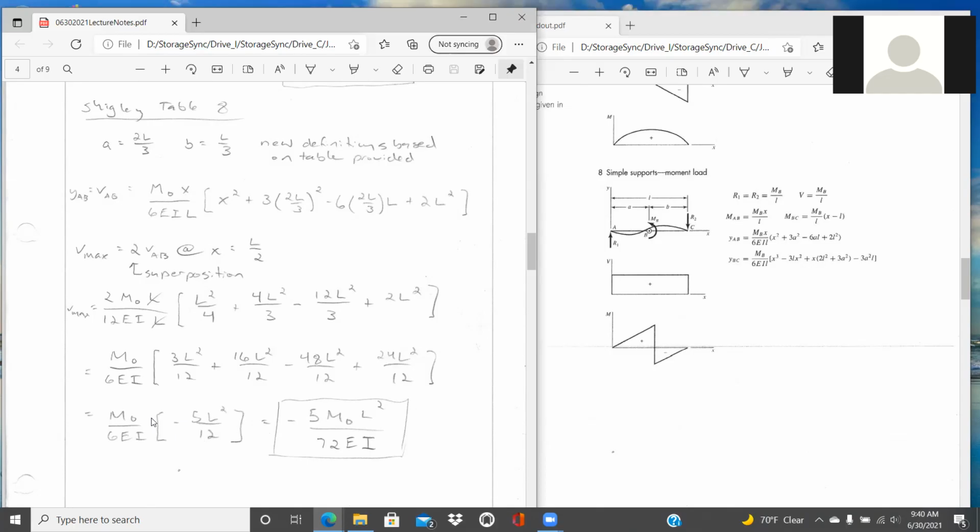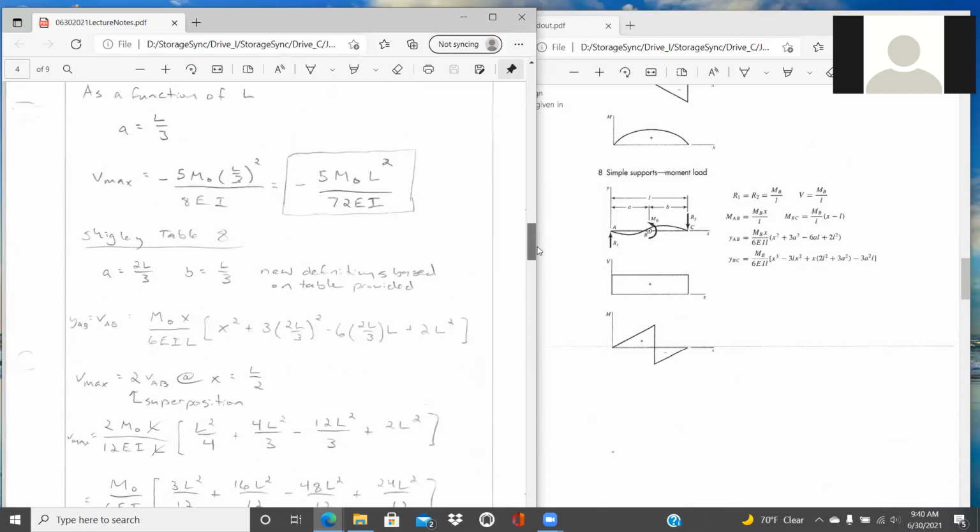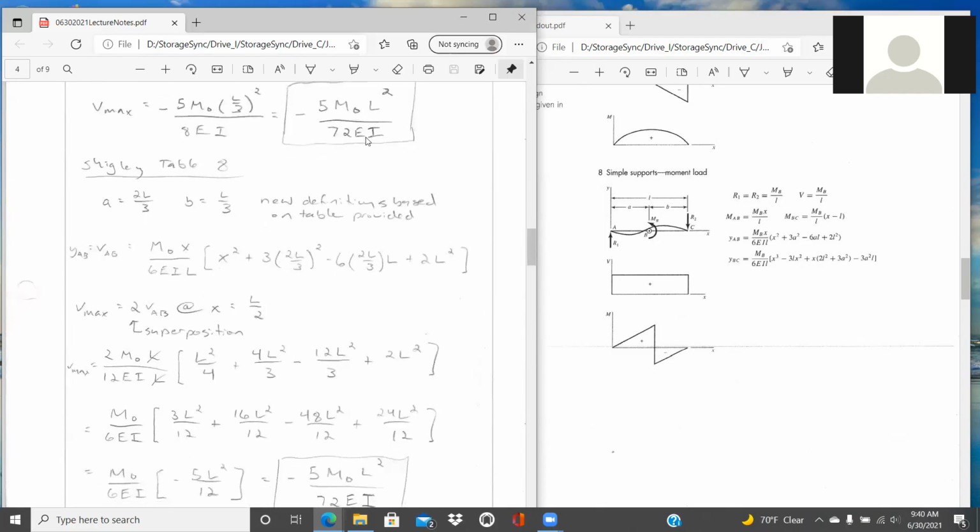And then when we multiply those two through, we get the maximum displacement is equal to minus 5 M0 L squared over 72 EI, which matches what we got before when we did it the long method of integrating back through.